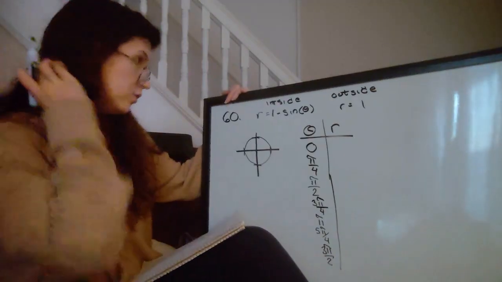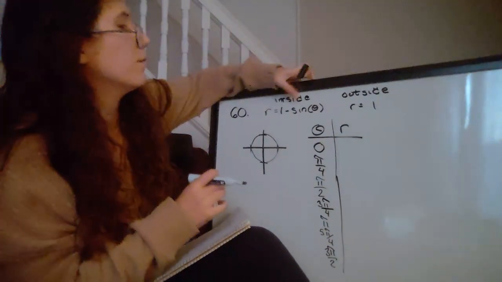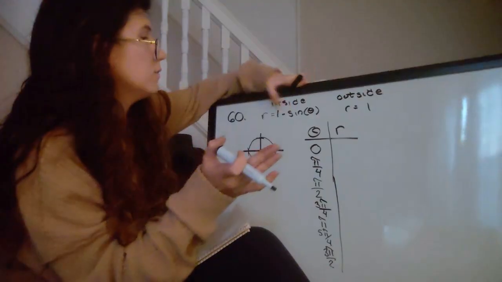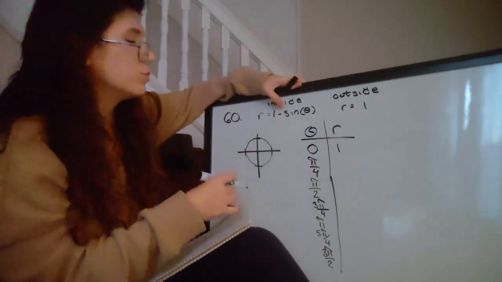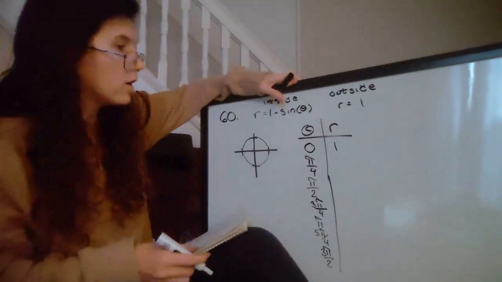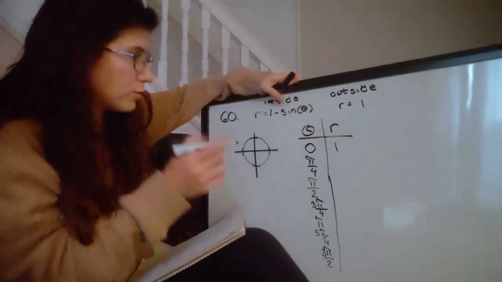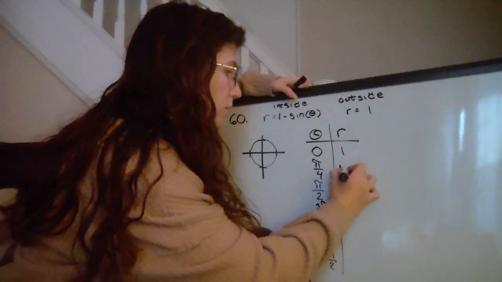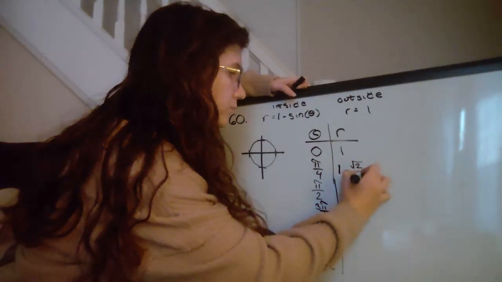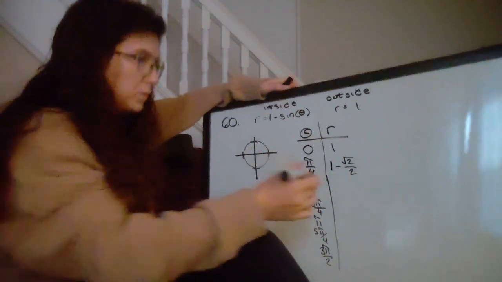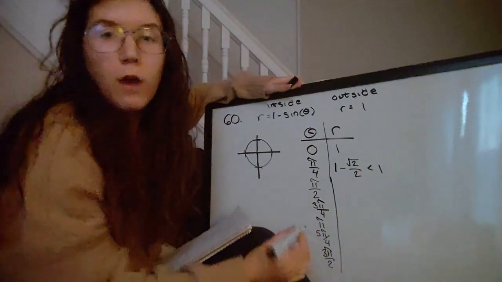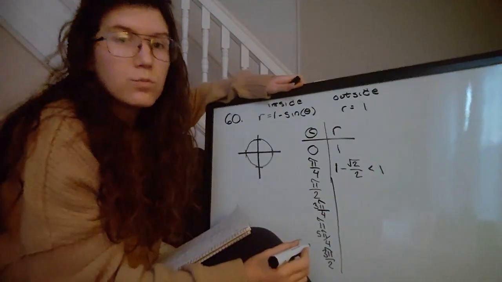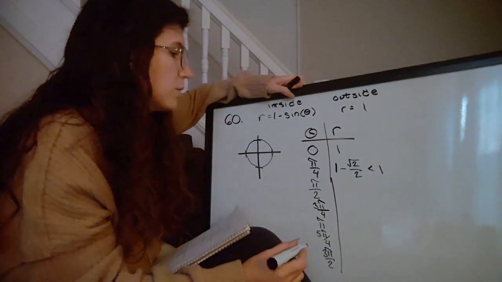So if we do sine of 0, that's 0, and then 1 minus that would be 1. If we do pi over 4, sine is root 2 over 2, so this would be 1 minus root 2 over 2. I just denoted this as less than 1 for graphing purposes, because I know that you probably won't have access to a calculator.